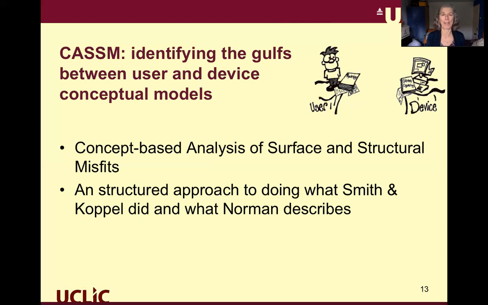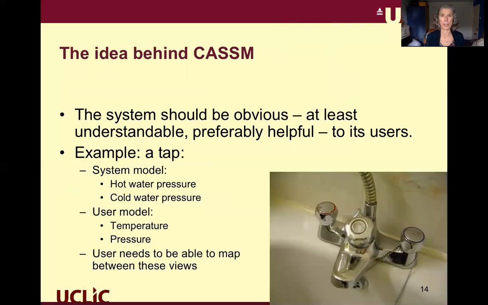Don't worry too much about what the acronym stands for, but the word intentionally sounds a bit like gulfs between users and systems. So CASSM is about identifying those gulfs between the user model and the device conceptual model. And it's a structured approach to doing what Smith and Koppel did, and also what Norman describes in his approach.